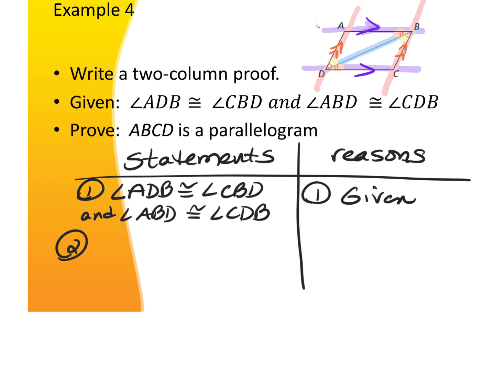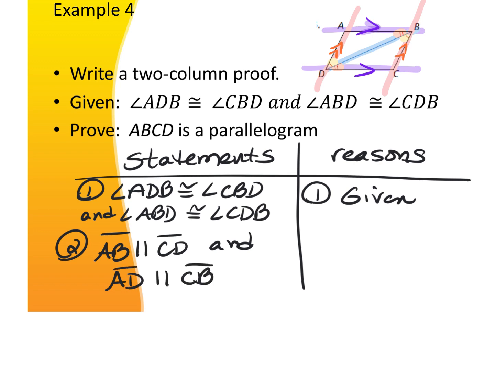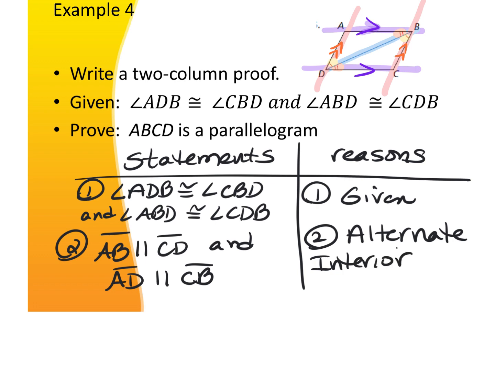And that's my next statement. So I'm going to state that AB is parallel to CD, and AD is also parallel to CB, and that reason is my alternate interior angles converse. Chapter 3 again.